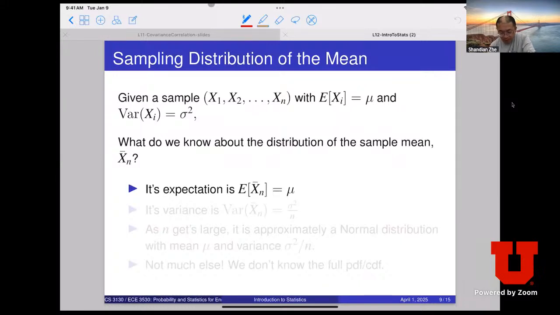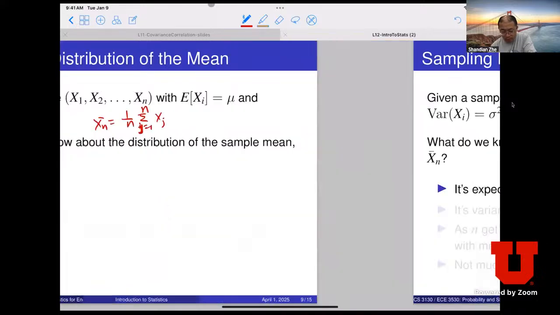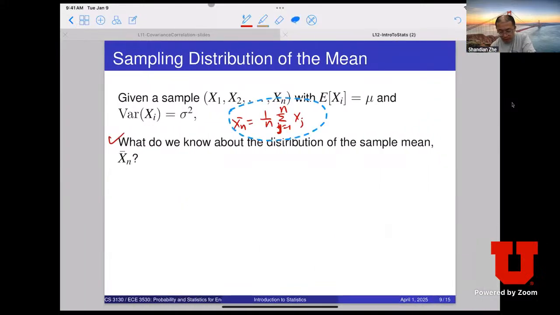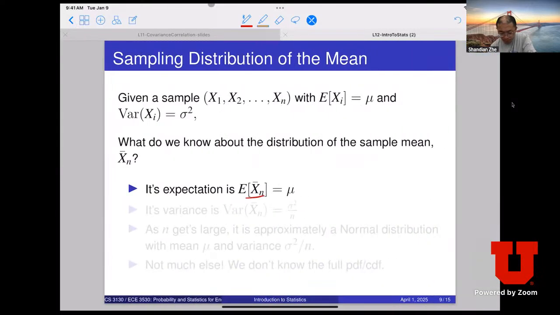First, if we look at the expectation of the sample mean, I'm going to copy the definition here. Again, we leverage the linearity of expectation.